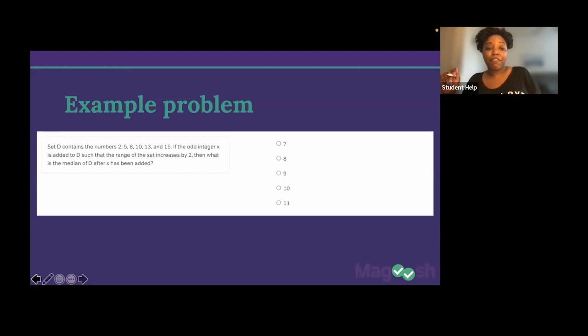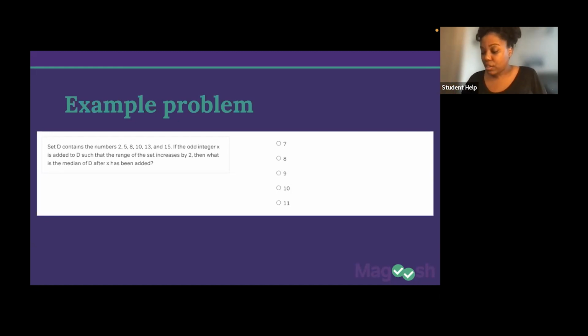All right, so we have our first example question here. It says set D contains numbers 2, 5, 8, 10, 13, and 15. If the odd integer x is added to D such that the range of the set increases by 2, then what is the median of D after x is added?